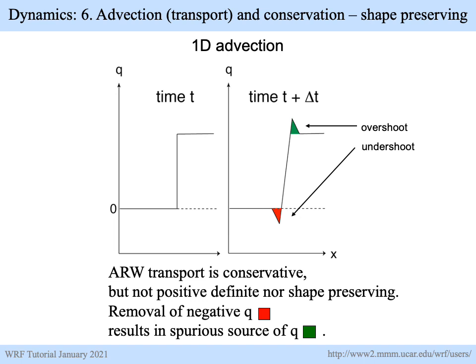Now, ARW transport is conservative, but it's not positive definite, nor shape preserving. So here's a depiction of a test where we're just looking at transport in one dimension, X, and we've got a mixing ratio that's 0 to the left and some positive value to the right.